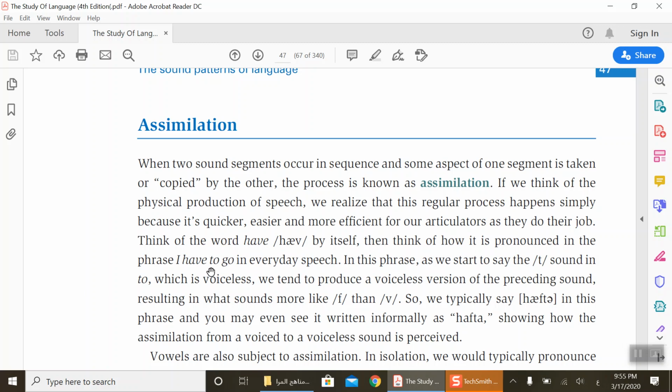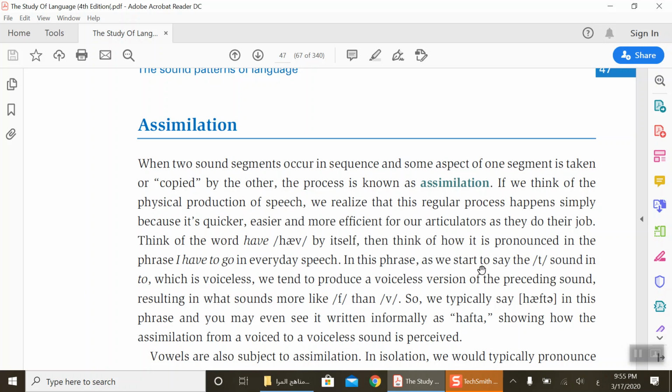In everyday speech, they don't say "have to" carefully; they say "hafta go", "I have to go".